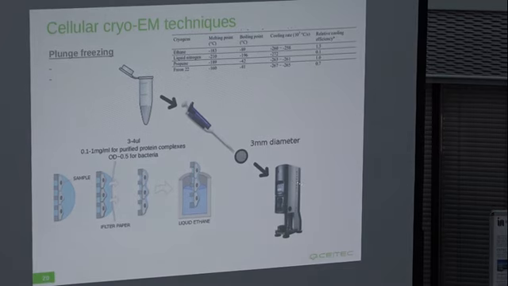For plunge freezing, we primarily place a small amount of your sample on the TEM grid. This might not necessarily be only your protein, but it can also be bacterial cells or cells adhered to the TEM grid. You remove most of the liquid by blotting with filter paper, and then rapidly immerse into the liquid ethane.